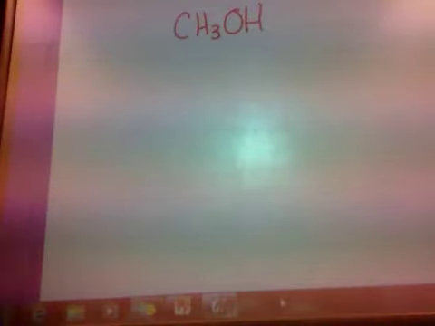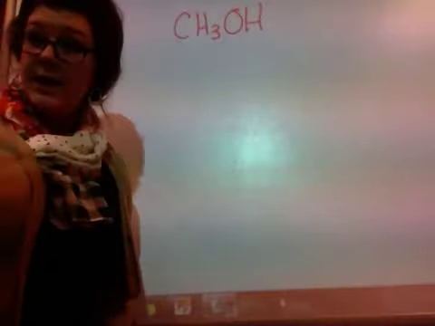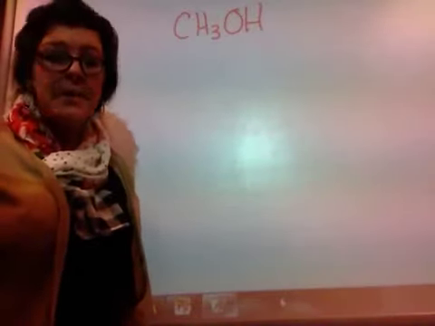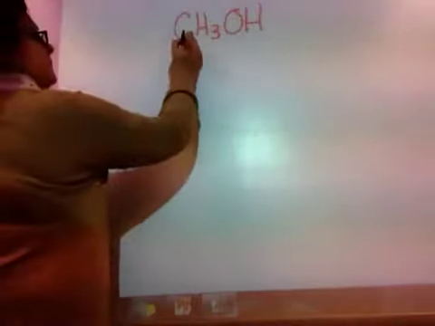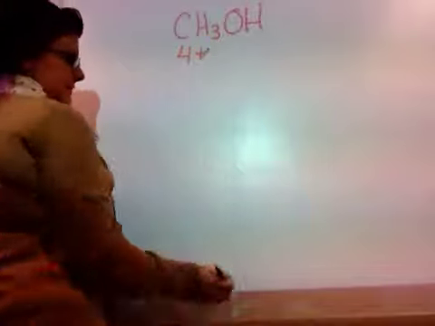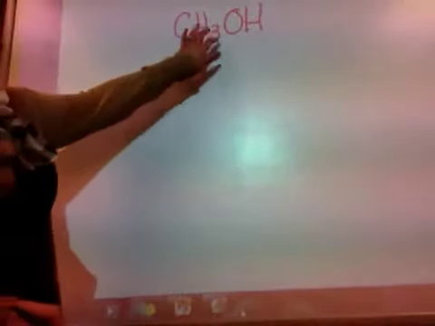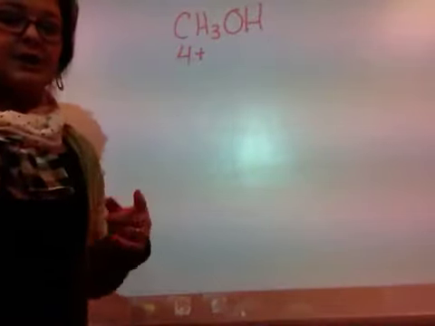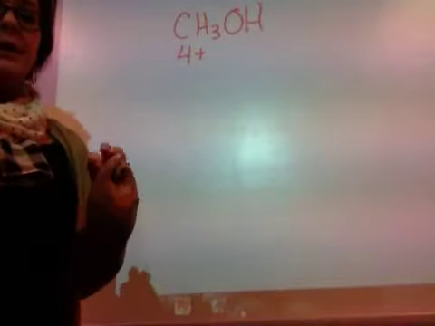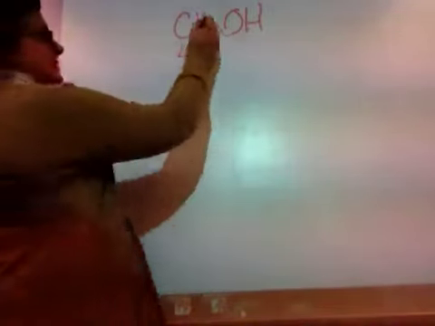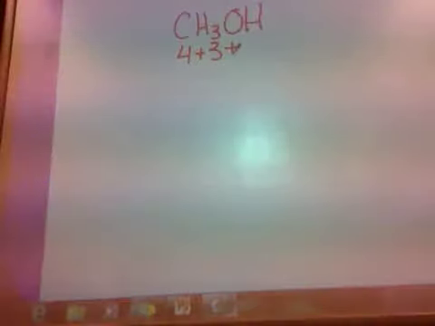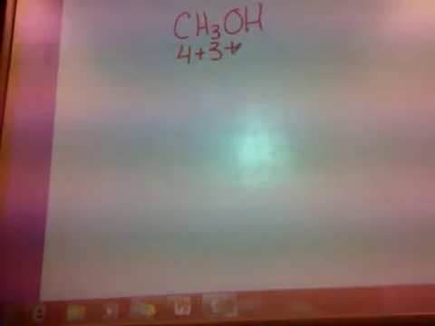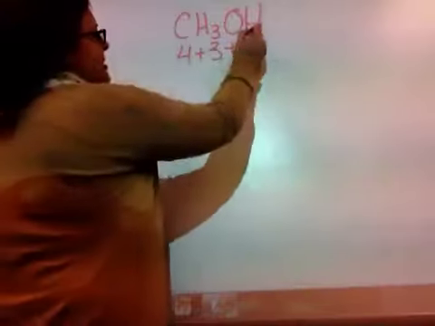CH3OH. Now, again, the first thing we need to do is calculate the number of valence electrons that this entire compound has. So carbon, we know, has 4, plus I have 3 hydrogen here. Hydrogen each has 1 valence electron, but there are 3 of them, so that would be 3, plus oxygen, which we know has 6 valence electrons, so plus 6.